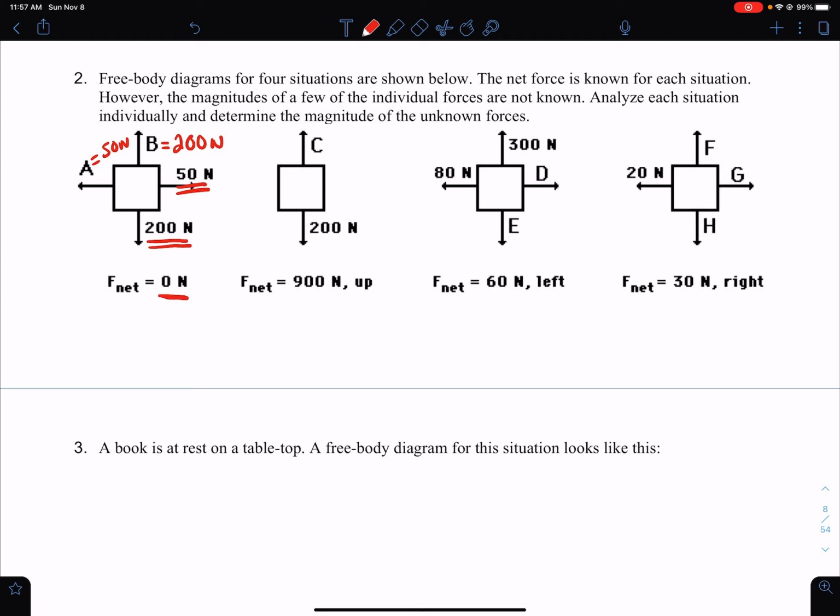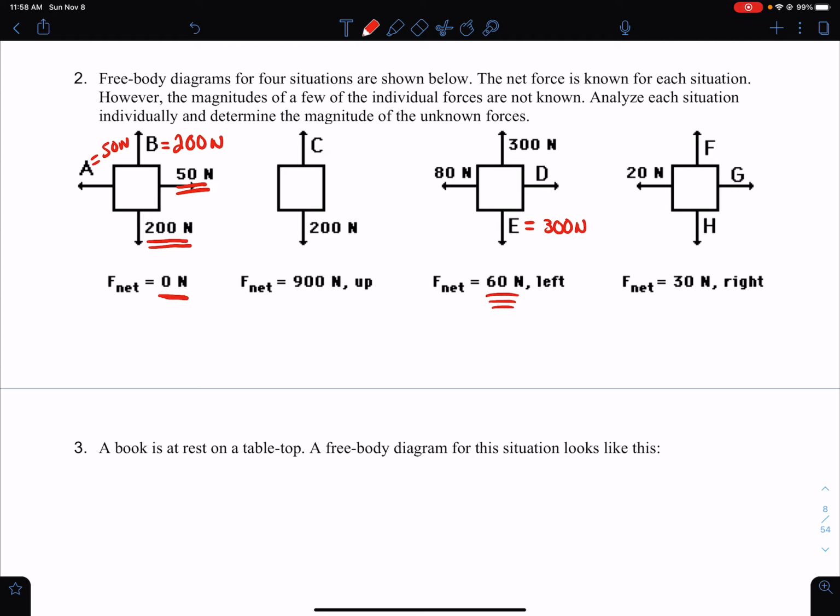I'll do one more with you, and then you have to do the other 2. Let's go with this one right here, letter D and E. Let's take a look at this. So I know that this is going to be going to the left with 60 newtons of force. Now, it doesn't say that it's going up or down, so this thing has to be 300 newtons acting downwards.